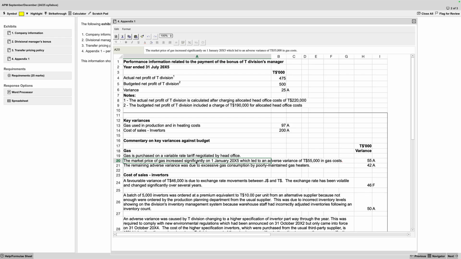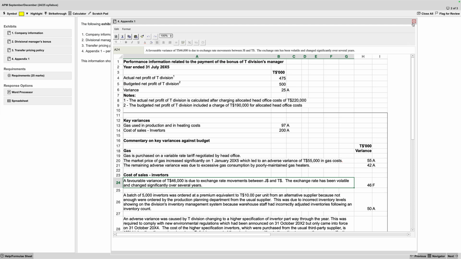Again, no factors taking that into account. There was also excessive gas consumption by poorly maintained gas meters. That could be controllable, could not be. Just do one more. A favourable variance due to exchange rate movements has been volatile and changed significantly over several years. Again, there's no mention of how controllable or not controllable this is.